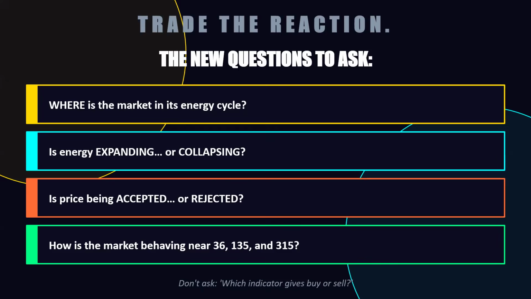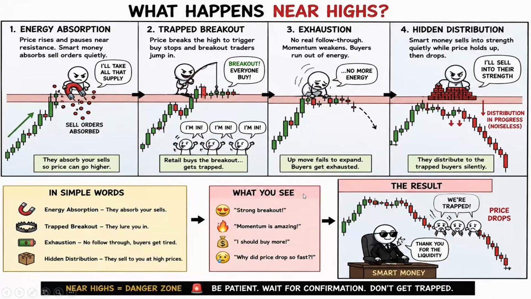How is the market behaving near 36, 135, 315? Right? So here, what usually happens near the high is energy. See how many times you might have seen market rallies.